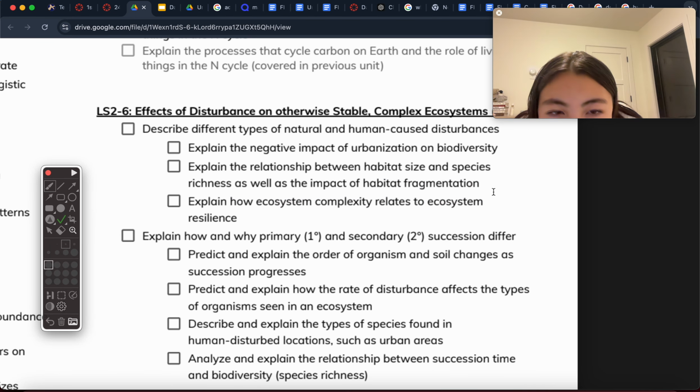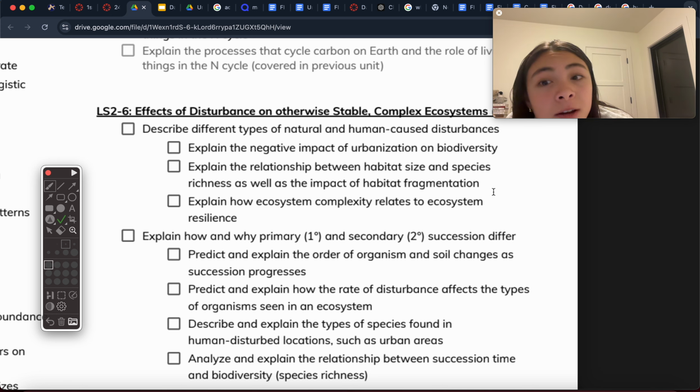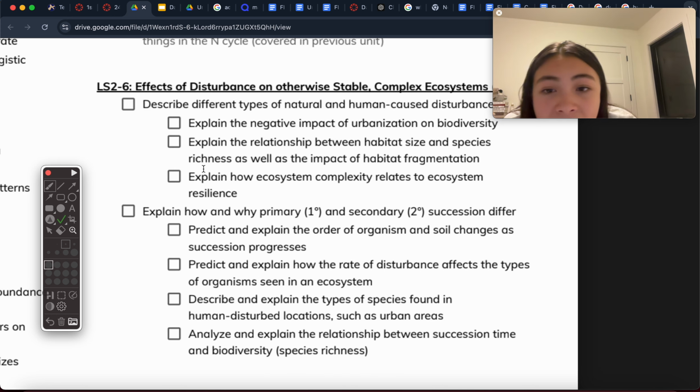That's what this will lead to. And those fragments won't be able to support as large species. So habitat size equals more resources, which equals bigger carrying capacity, which equals more abundance, and habitat size also equals more diversity, which equals more species richness.